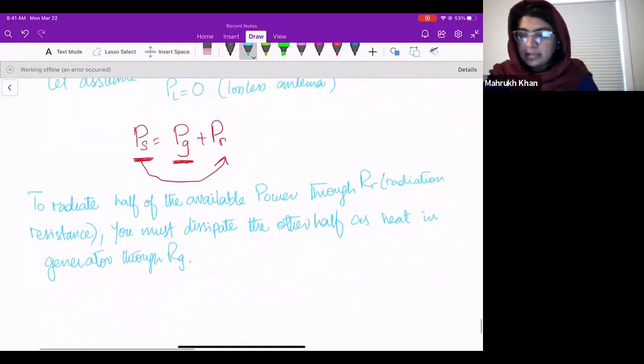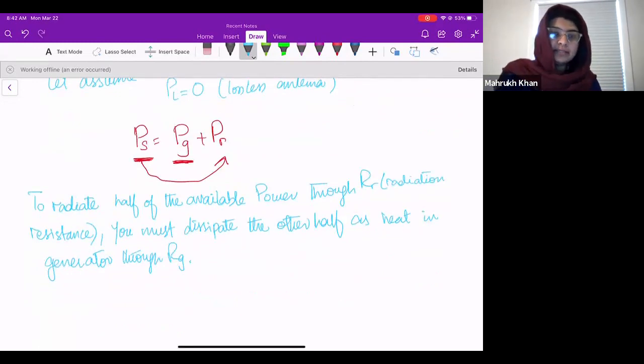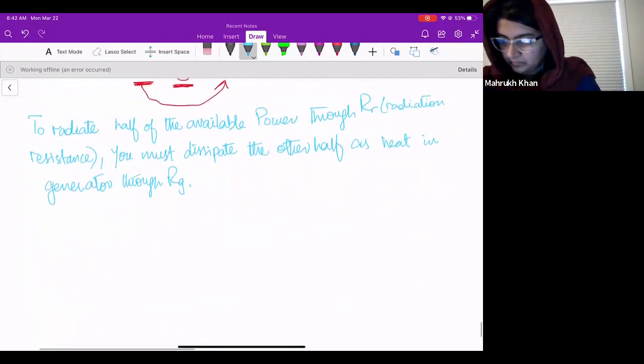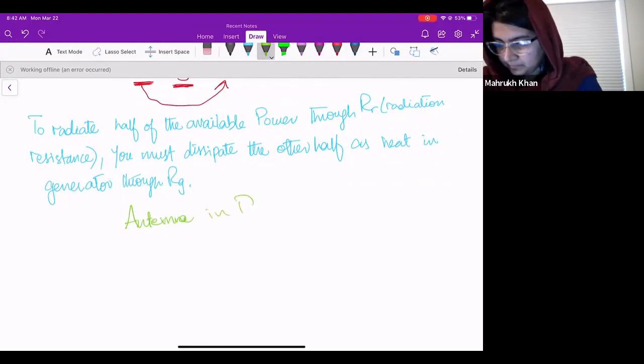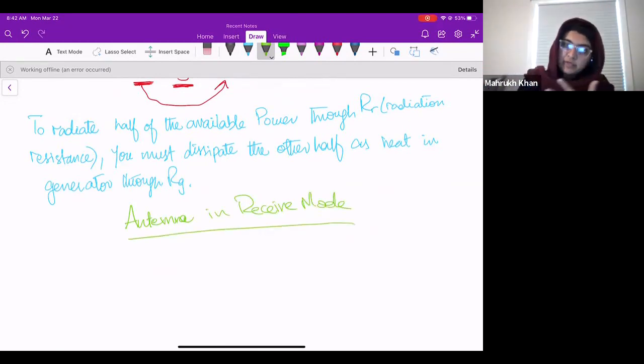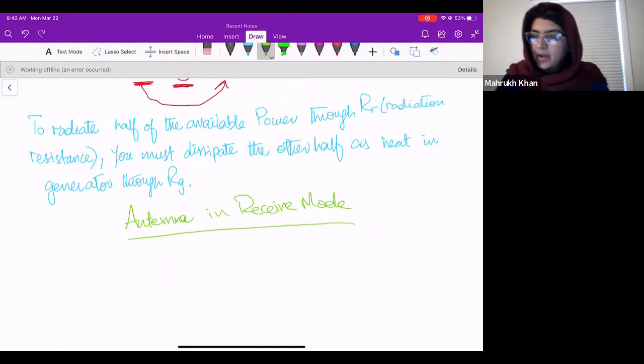So now here we were talking about an antenna that is in the transmit mode. Now we want to see how the antenna behaves in the receive mode. Receive mode means that some wave is coming towards the antenna and it should transmit the power towards the circuitry behind that, right?